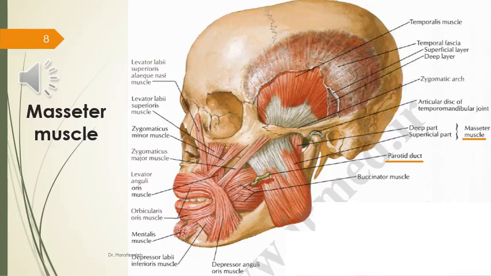In the parotidomasseteric region, I said that we have the masseter muscle. The masseter muscle is a muscle that you can see on the ramus of the mandible. It also covers the angle of the mandible, as you can see in the picture.